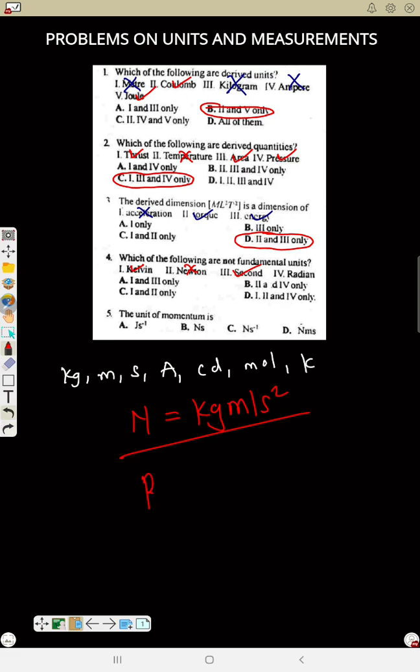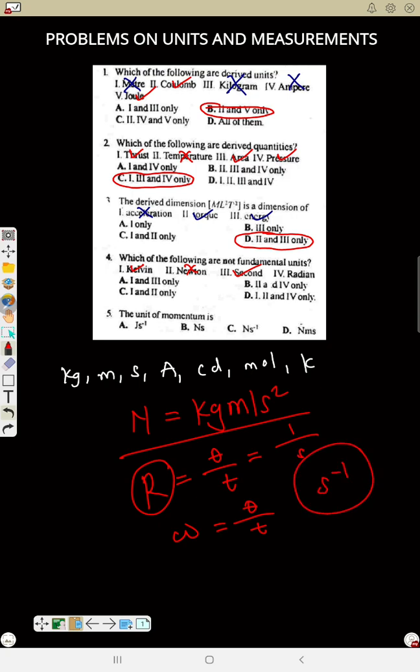And angular velocity is theta over time. So the unit is radian per second, so this is 1 over s, that is s raised to power minus 1, so it is a derived unit.